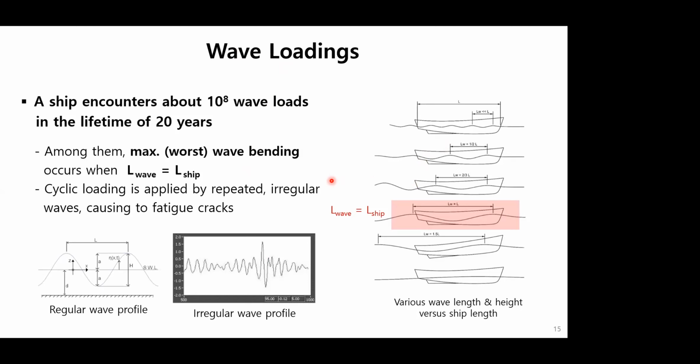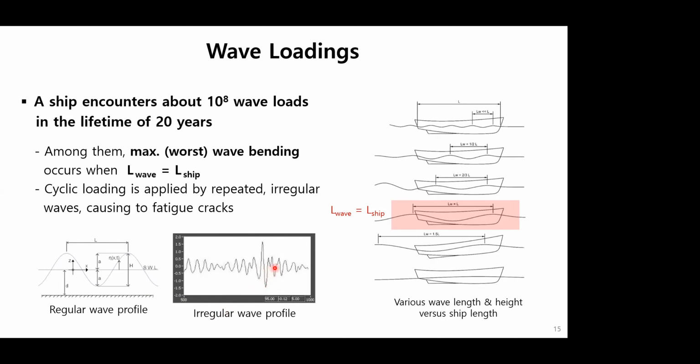From a design point of view, we assume that a ship encounters about 100 million waves in 20 years. Some waves are regular, the height and length uniform like this. Some waves are irregular. The wave profile is not uniform, changes all the time, like this figure.